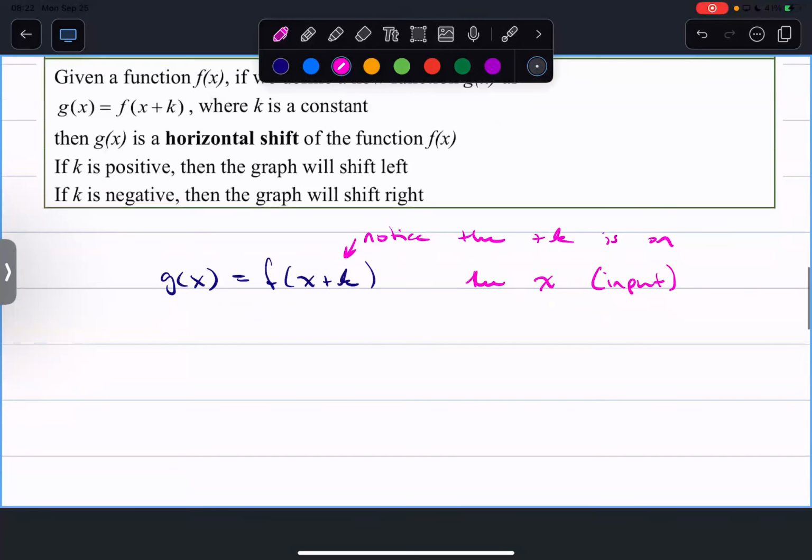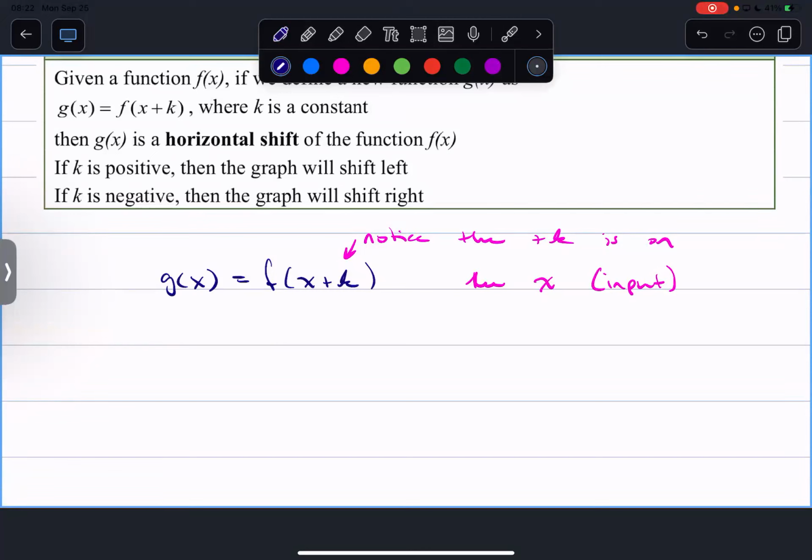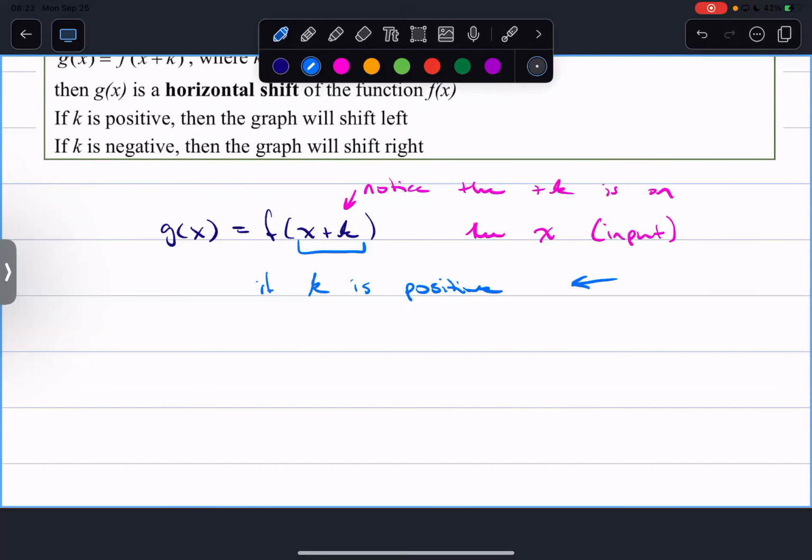Then, for example, if k is positive, then it shifts it to the left. And if k is negative, so x minus k essentially, then it shifts it to the right. That's weird, right?